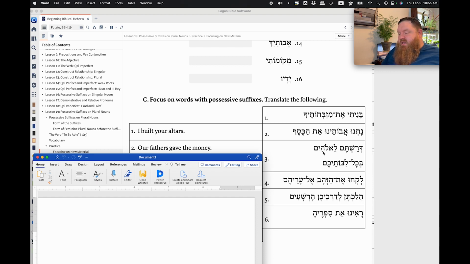I do see a hirik yod mem suffix, which would indicate that this is masculine plural, but that might actually disguise the word if I take that off. If I just remove the lamed sere, I have Elohim. So hopefully that's pretty easy for you to recognize Elohim here.